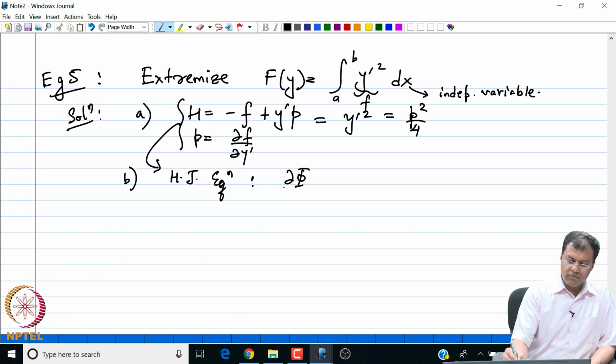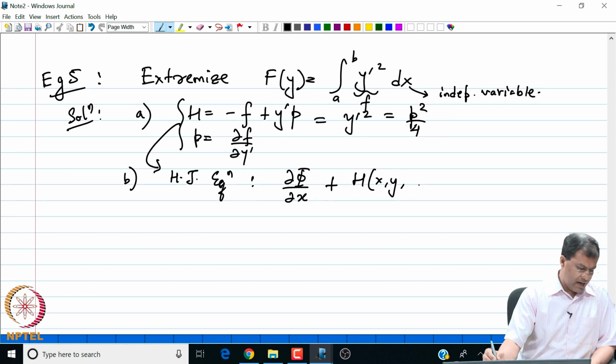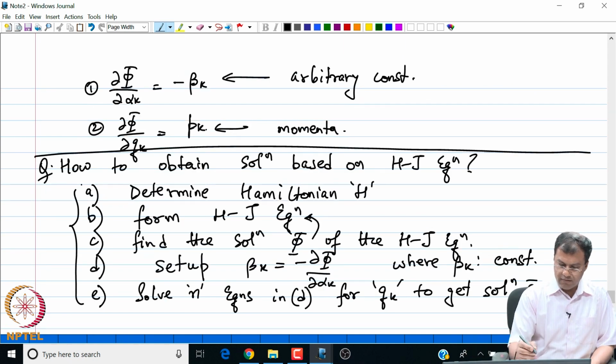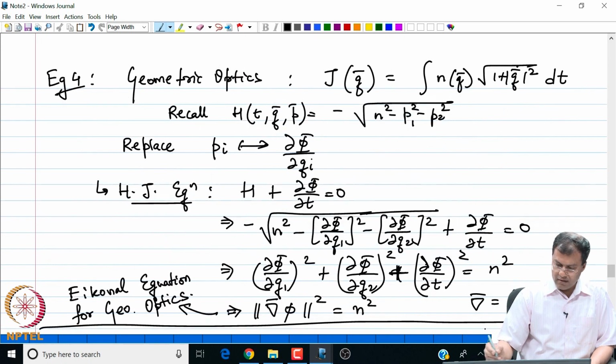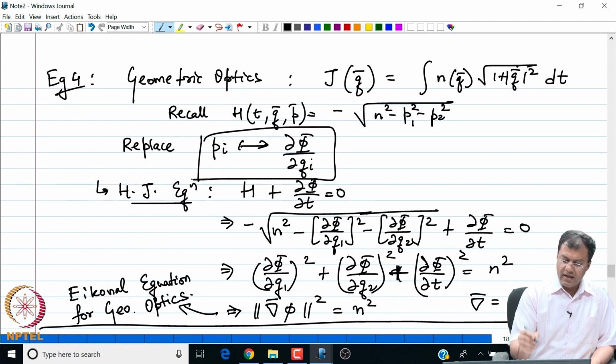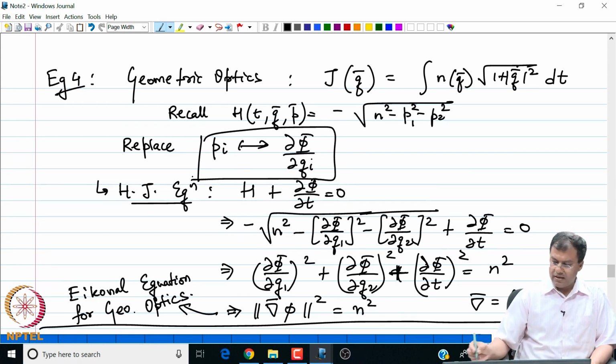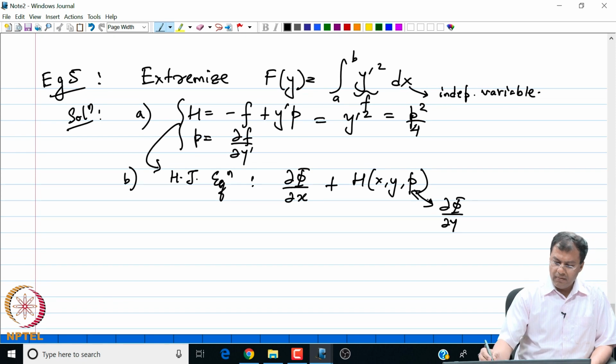So I have the equation as follows: del phi del x plus the Hamiltonian H of x, y, p, where I replace my p with del phi del y. Note that that is what we have said earlier: we replace p by del phi del q i. In our case, q i is y, the dependent variable, and set it equal to 0.